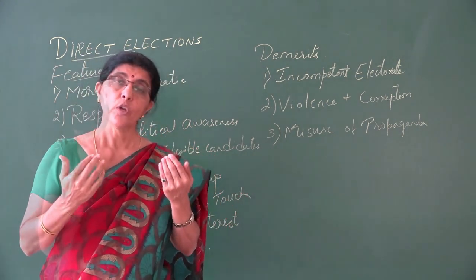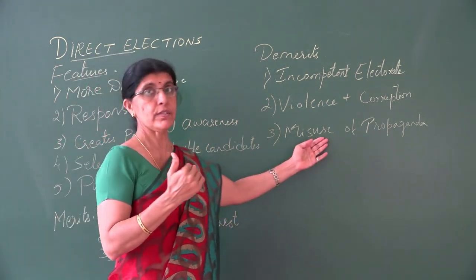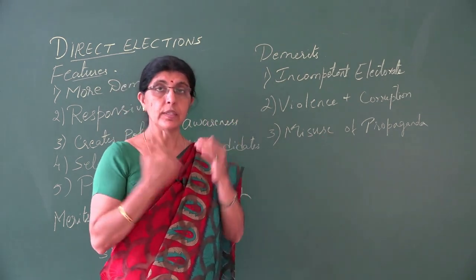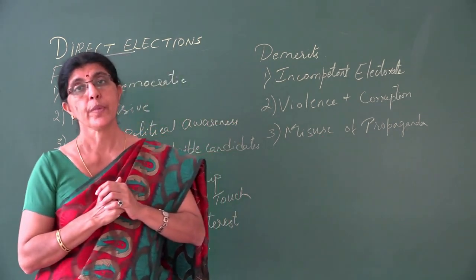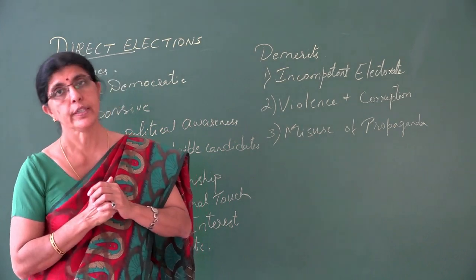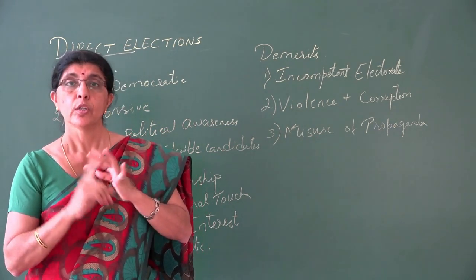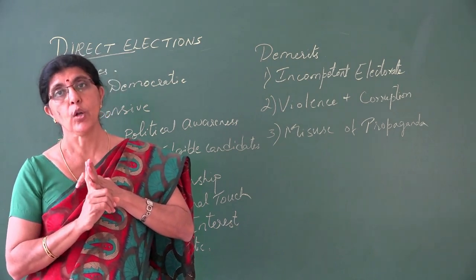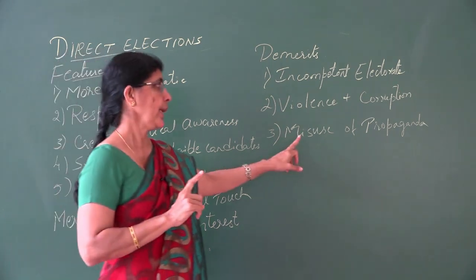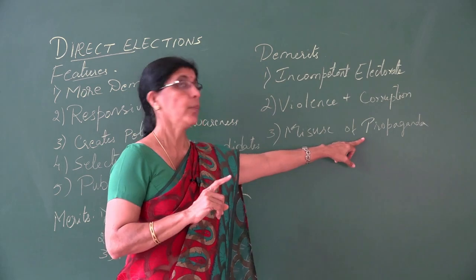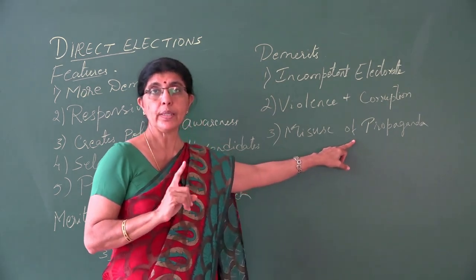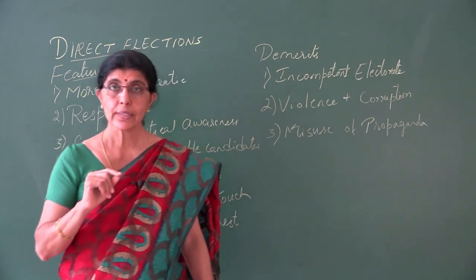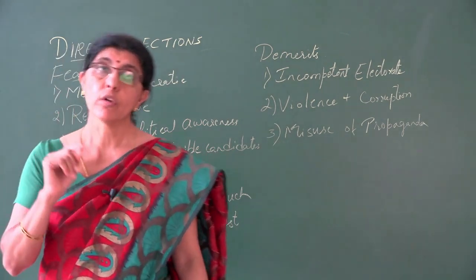And the person who has to cast his vote also does not understand the full system, and he votes for the wrong candidate because media power, money power or muscle power plays a big role over here.